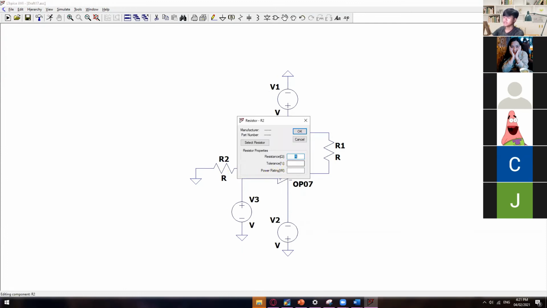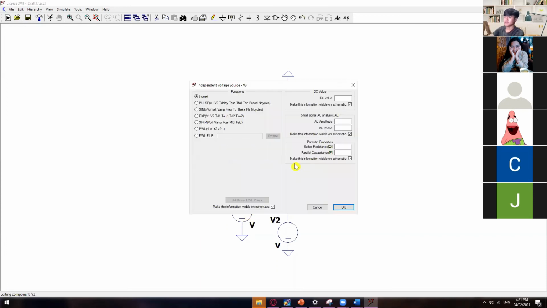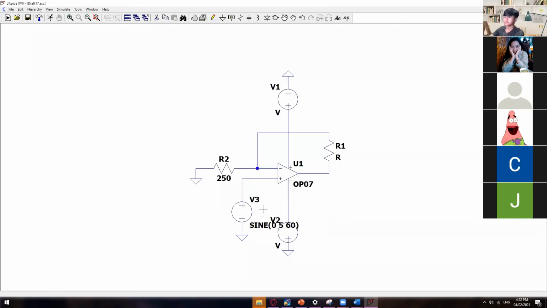So by default, this one is 250. And then we have here a voltage input. So instead of having a DC value, we'll use AC. So go to sine, and then I'll use 5 volts, and then 60 hertz. So I'll just move this one right here.